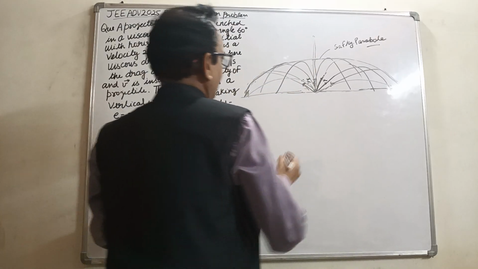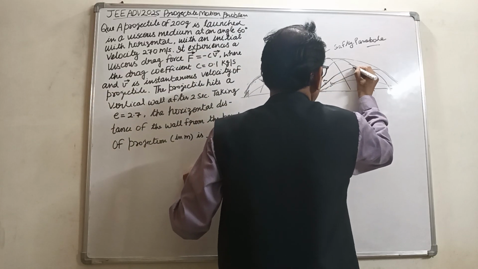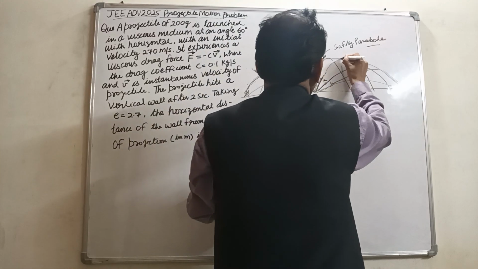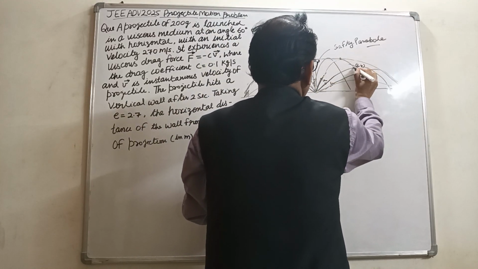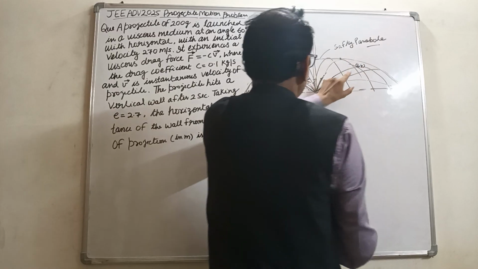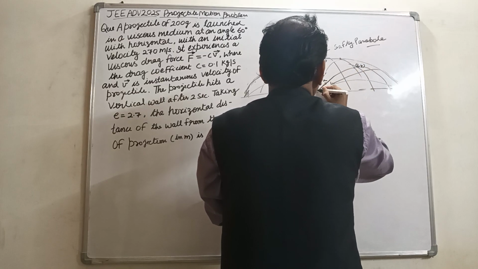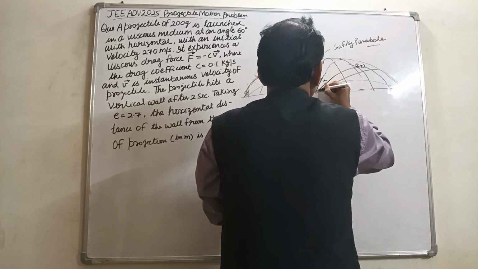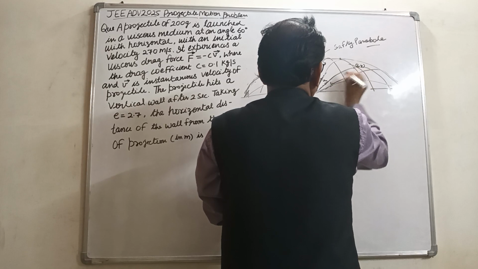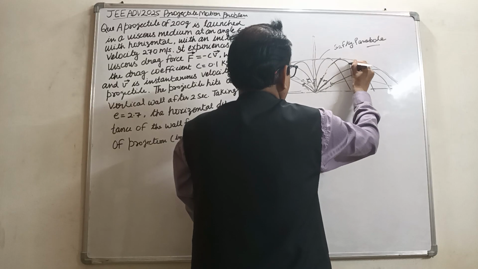So what is the safety parabola? We know the equation of the parabola. Suppose here the point is x, y. For this point, we take two types of bullet strike on this point, here to here and here to here.